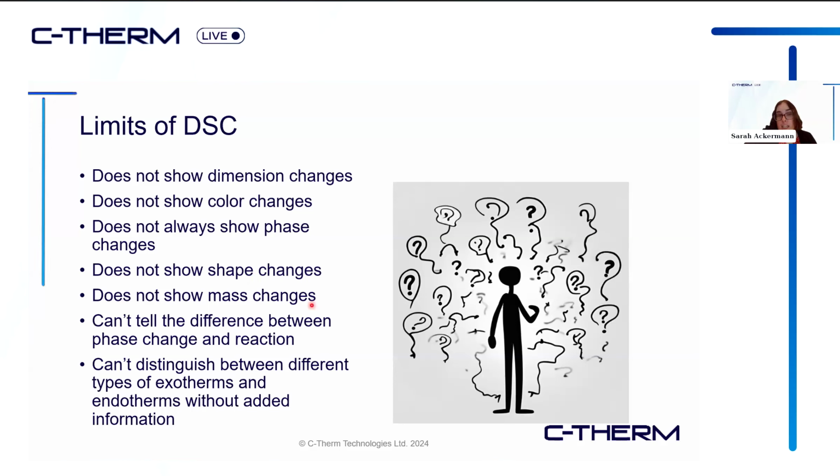It also doesn't show mass changes. Can't on its own, without additional information, tell the difference between a phase change and a reaction. And it can't distinguish between different types of exotherms and endotherms without additional information.